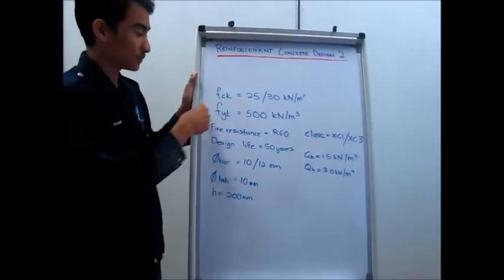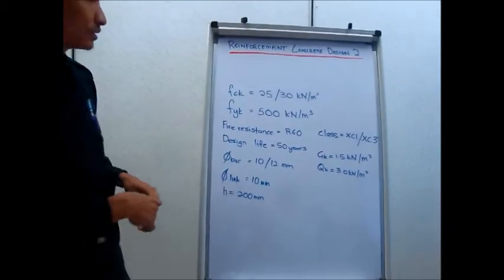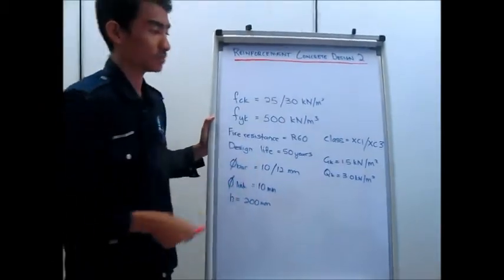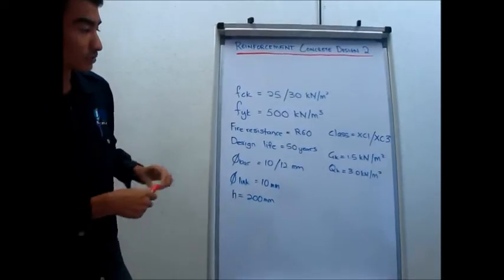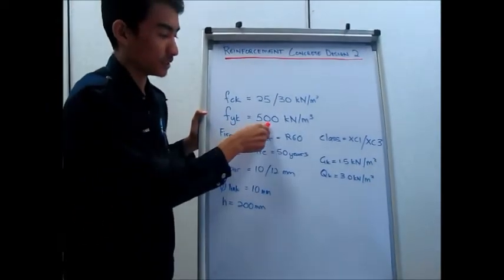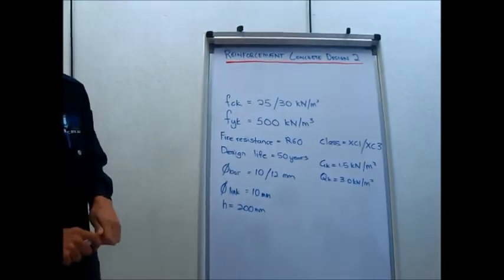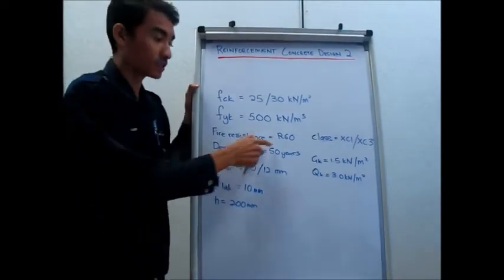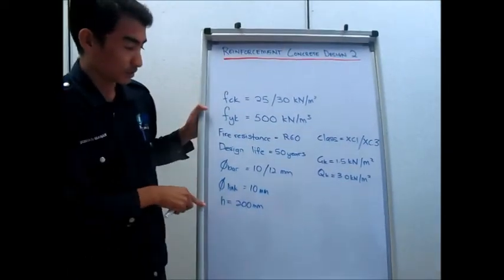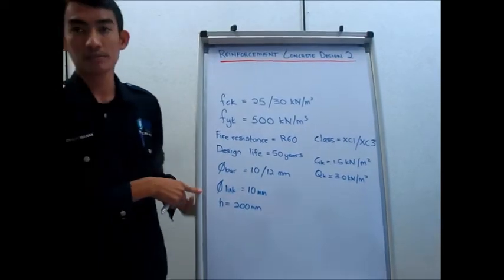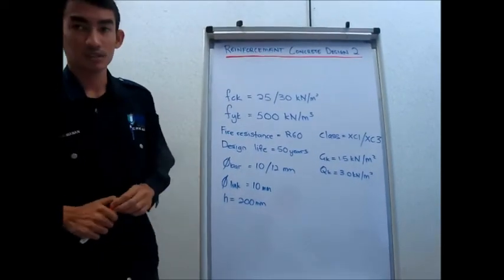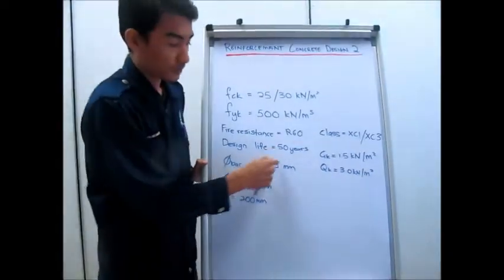The fck we use is 25 or 30 kilonewton per meter square, the fyk is 500, and the fire resistance is R60. Next, the design life for this building, a 4-story school hostel, is 50 years.